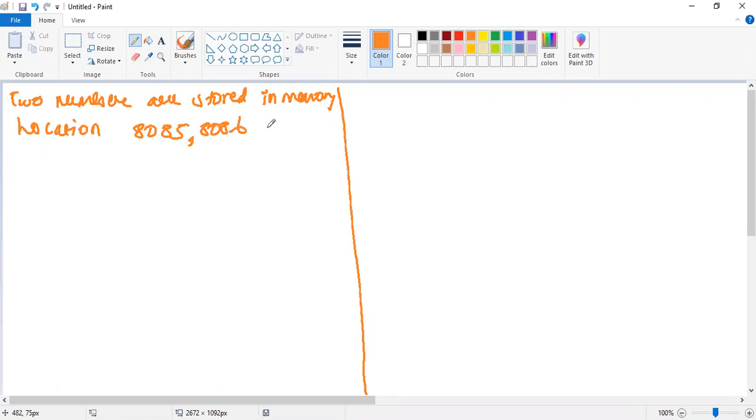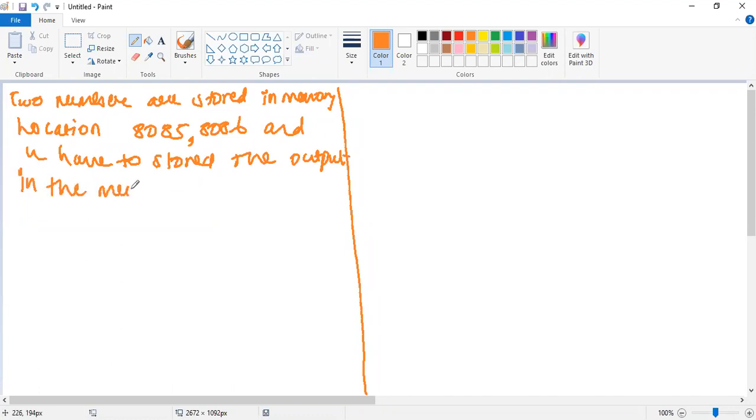Okay, and you have to store the output in the memory locations 8087 and 8088. Okay, so this might be the question which you may face in the exam.